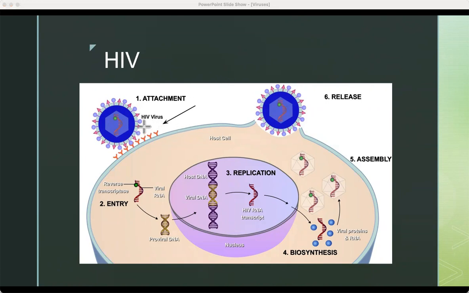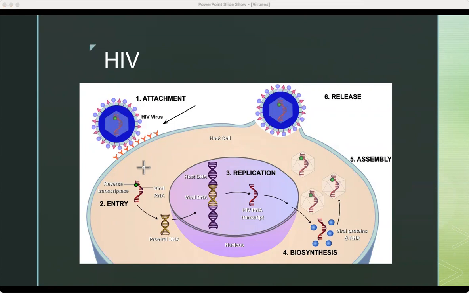So we have our HIV virus, it has RNA, it attaches to the host cell because the receptor or glycoprotein on the HIV virus matches the receptor on the host cell. It injects its RNA. So actually with HIV, I believe the whole virus enters, but regardless, the RNA becomes exposed.